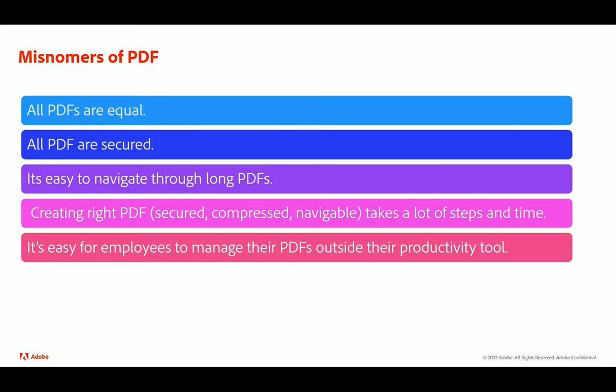Also, people think that it is very easy to manage PDFs outside their productivity tools. So we've done a few studies and we have seen that people who are accessing PDFs from PDF providers have to continuously interact with their productivity tool, like Microsoft or Google Drive that they're working on, and then go into Acrobat and manage their documents out of that.